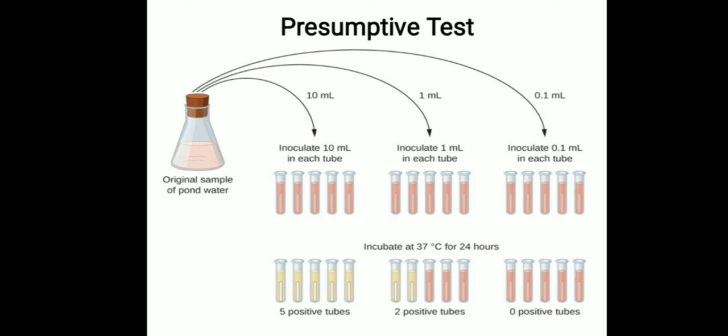In the second batch of 5 test tubes, only the first 2 test tubes are positive, while the remaining 3 are negative. In the third batch, all the test tubes are negative, not a single positive is present. So this is the presumptive test.